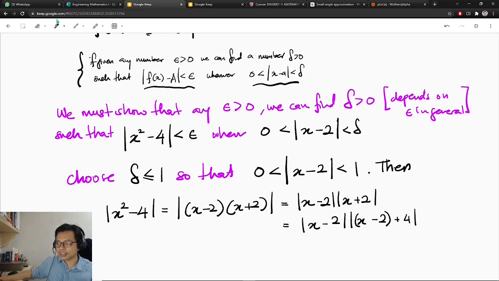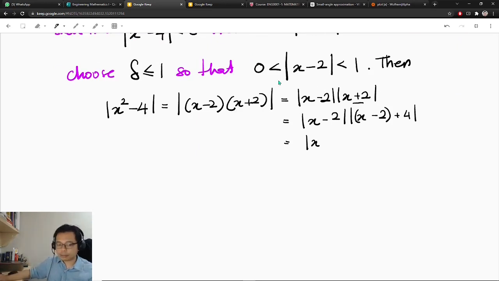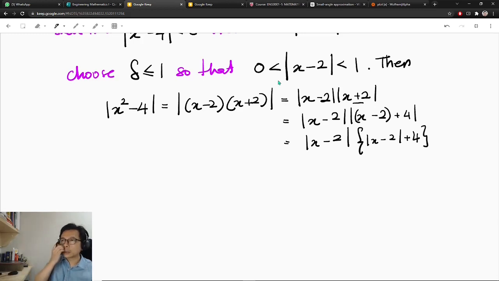I'm just changing this right here to this. I can put everything in curly brackets here, x minus 2 plus 4.